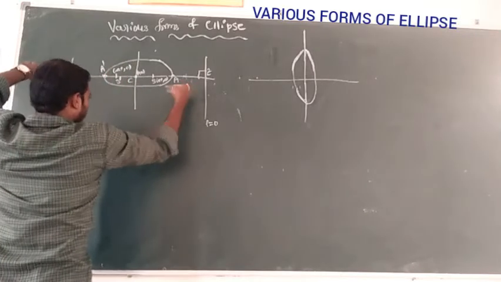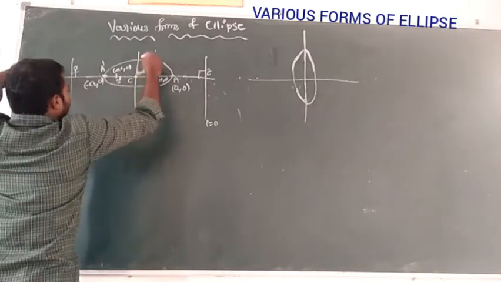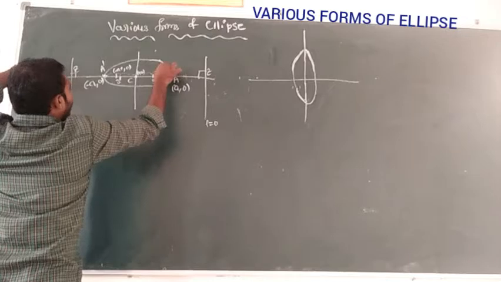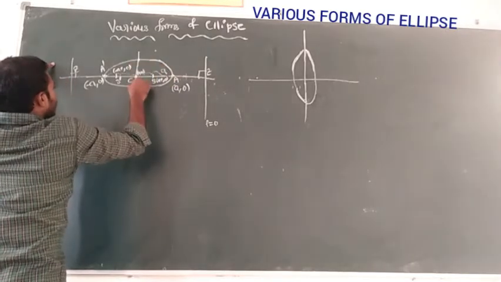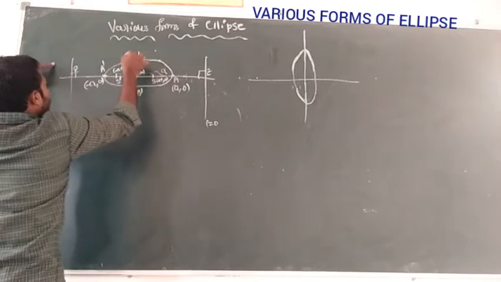Here this is A comma 0 and this is minus A comma 0, and the distance is A; this is B and B dash, and this distance is B.